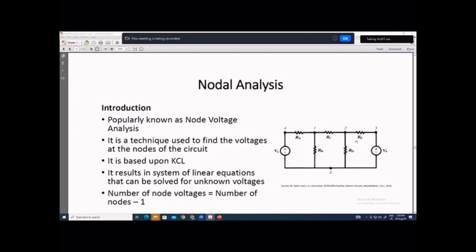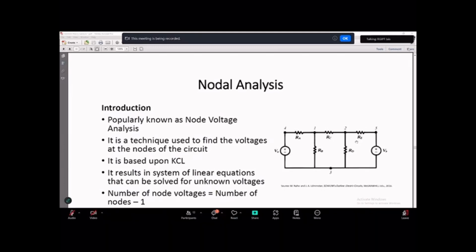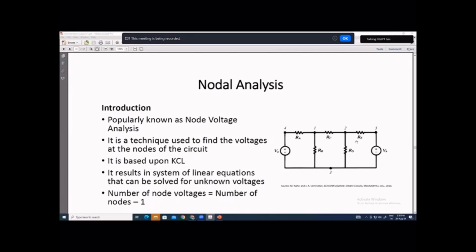The next step is to take each mesh and write the KVL equation for it. Then you can solve those equations, and after solving, find the unknowns. So mesh analysis was to find the unknown currents in different meshes.